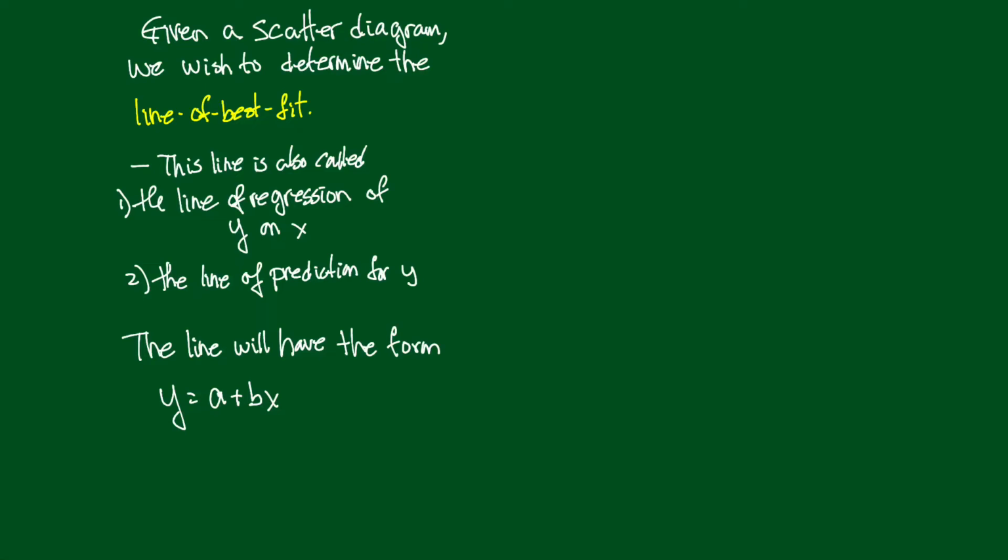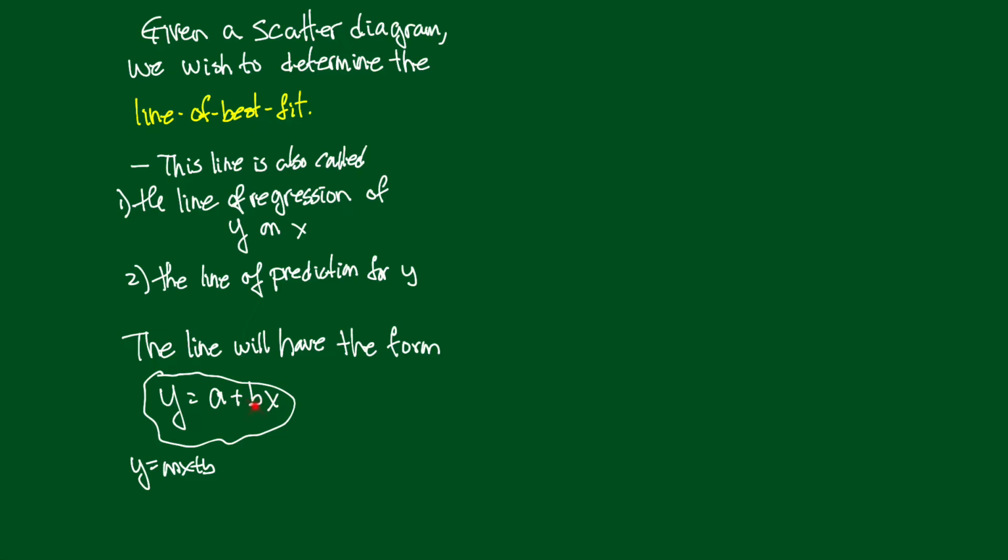Now, that's just one way to write this. What we're used to back in the algebra course is y equals mx plus b, where m, the coefficient of x, is the slope, and b, the constant by itself, is the y-intercept. Matching things up here, the constant is the y-intercept, and b, the coefficient of x, is the slope.